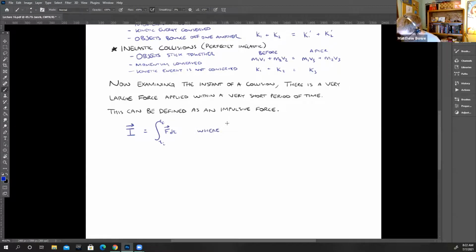And we've seen from the previous class on momentum that a force can be described through momentum. A force was a change in momentum over time. So I'm going to rewrite this integral. Where we know this integral, before we had it as something like this.